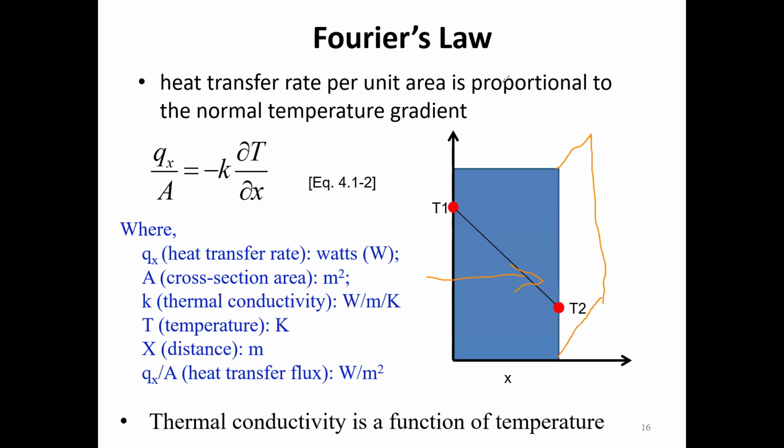Let me complete this as a 3D block. I'm not that good at drawing using this pen. You should not be using this area. This is very important. This is the area that is normal to the direction of heat transfer, and this is the area that you should be using.